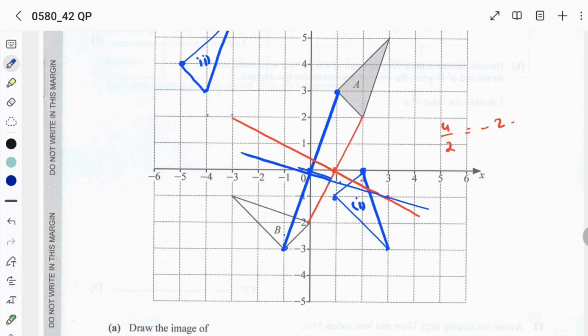All right, so this is the perpendicular bisector of the other line. The other line is this much, and it's a perpendicular bisector. I made 90-degree.